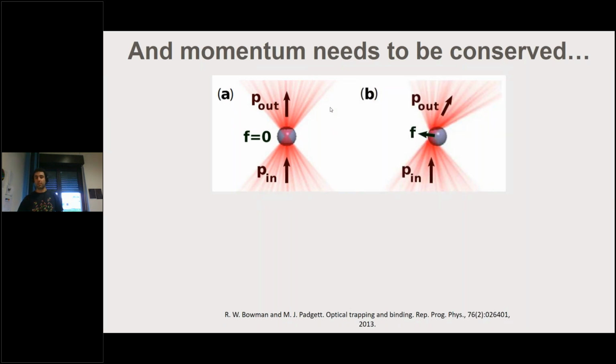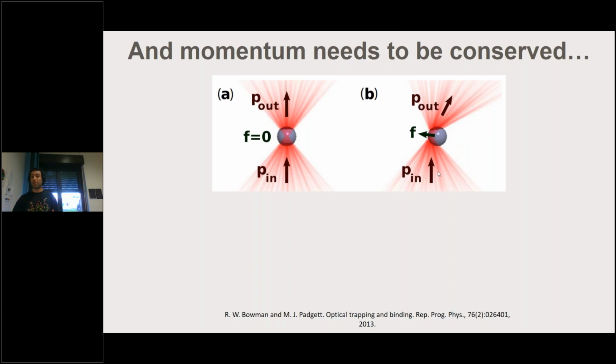But what happens when the particle displaces, for example, a little bit to the right? Then this particle, which is behaving as an optical element, is making the rays coming outside the particle go a little bit more in the right direction. So there is a component of the linear momentum in x in this case, in the right direction.